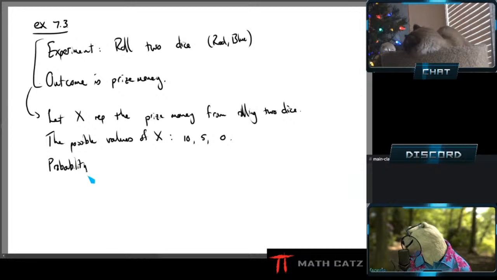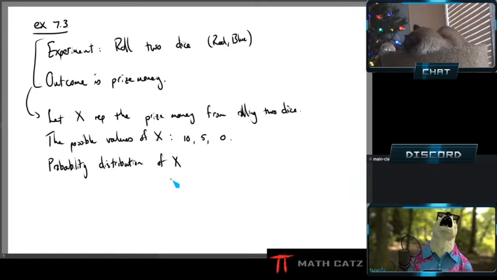So let's give this a heading here. Probability distribution, that is an S, I know. My writing is so clear. Distribution of X. Remember, X captures and represents the experiment and outcome and the whole thing.